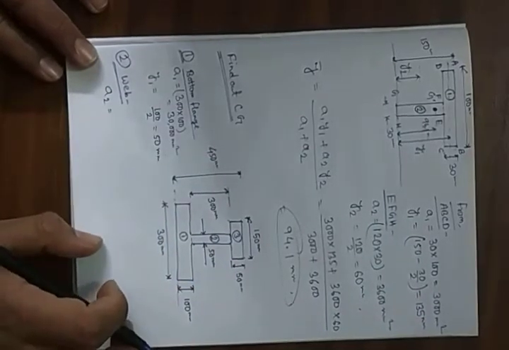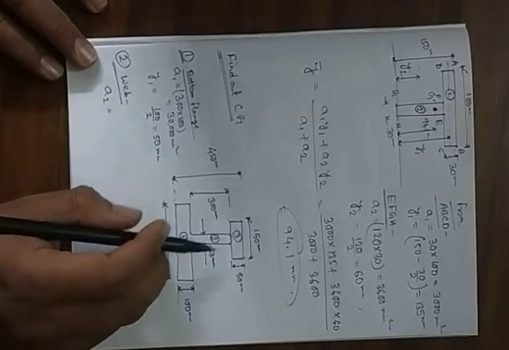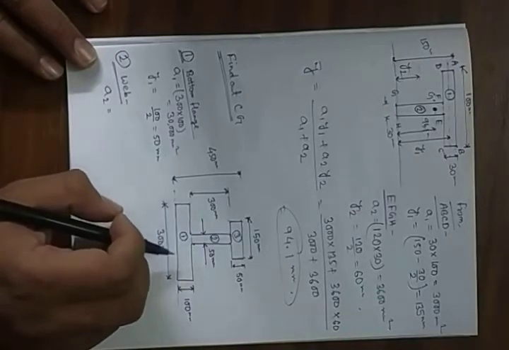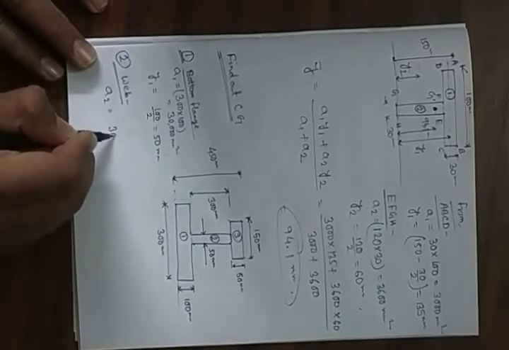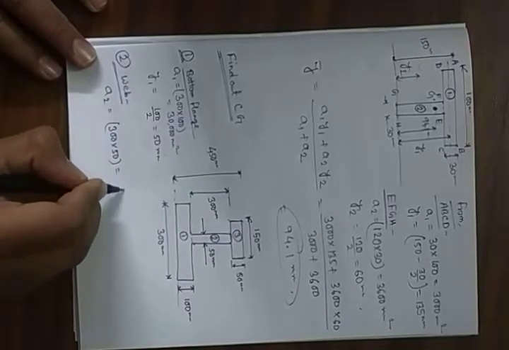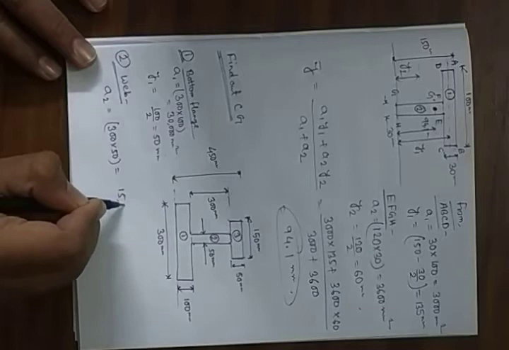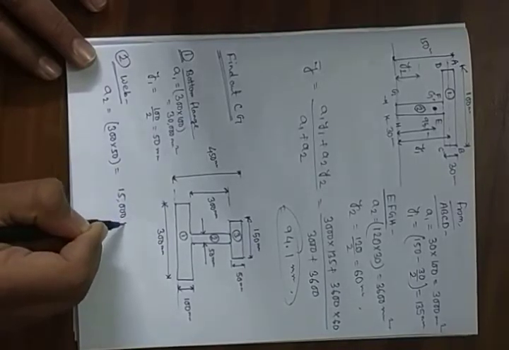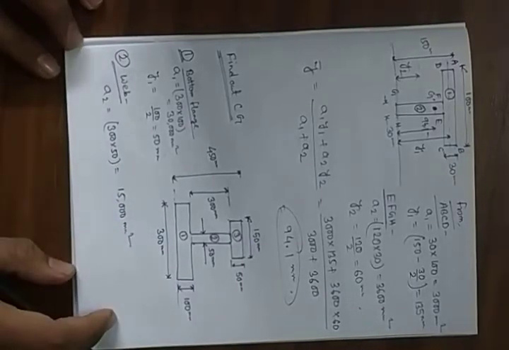So the thickness of the web is 50 and the depth of the web is 300. So 300 into 50 is the area of the web, that means 15,000 millimeter square.